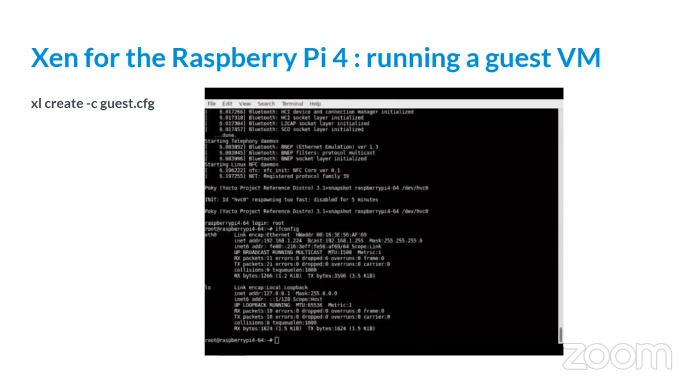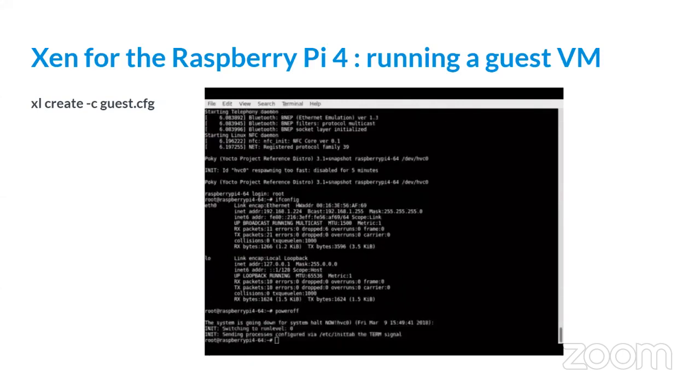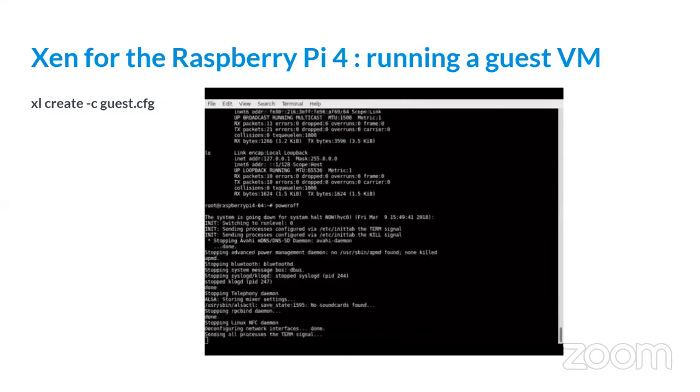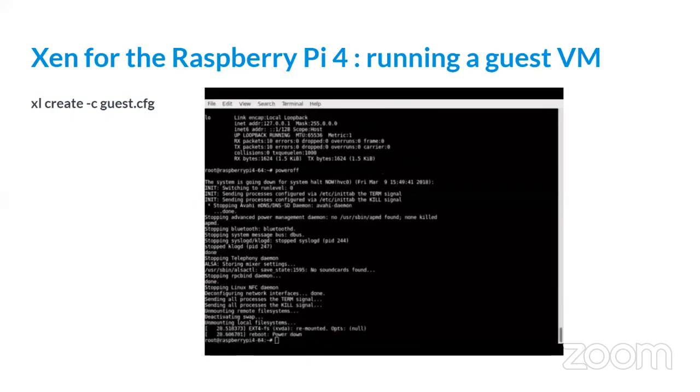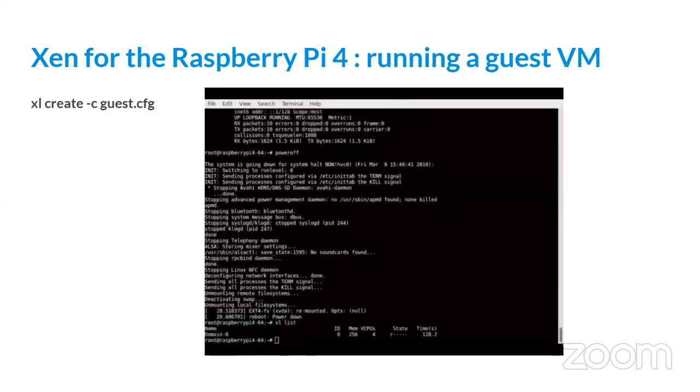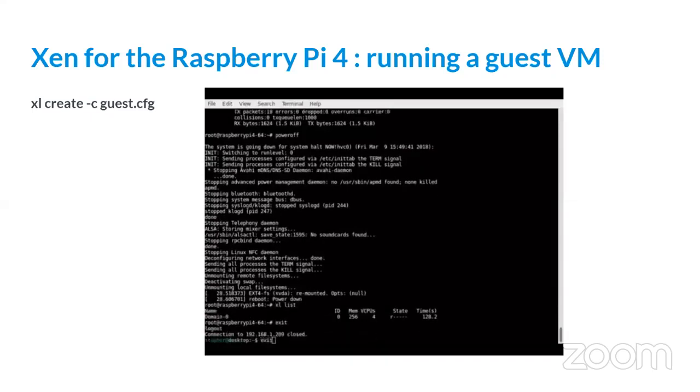That's showing you that the guest got its own separate IP address. And I can power it down. And when it's all the way down, I'll be back to the domain 0 command prompt. And do the list to see the running domain 0 and then log out.